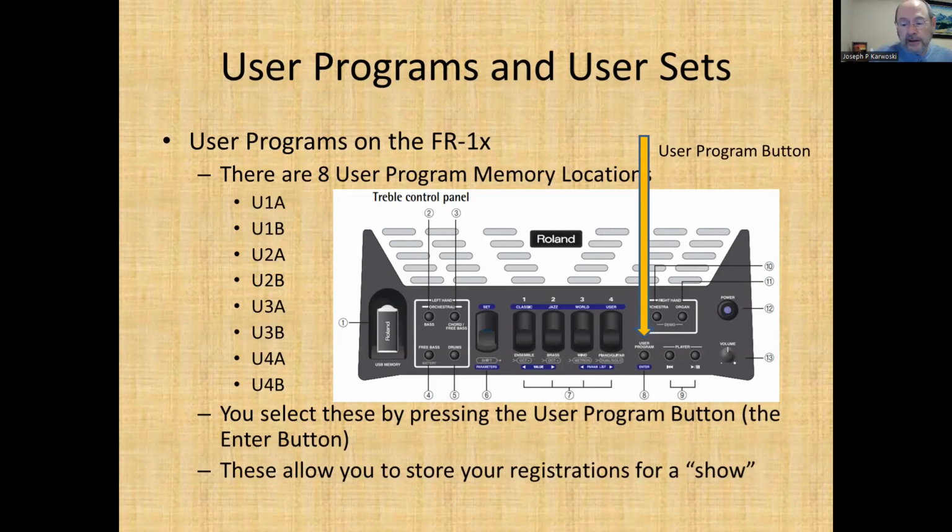So all you do is hit one button and you switch from one user program to a different one, to maybe one running dual. You have 8 of these that you can use to set up an actual performance, if you want to call it a performance. I don't play well enough for it to be a performance, but that's what you do. It stores all of that information, so it's one button away.